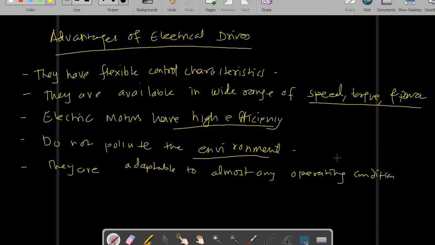So they are adaptable to almost any type of operating condition.